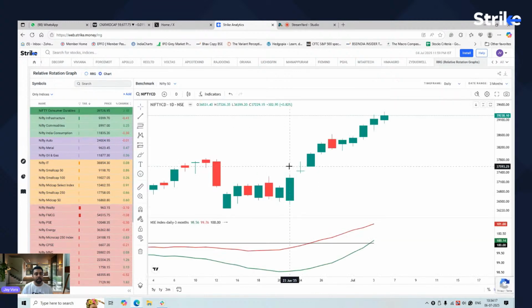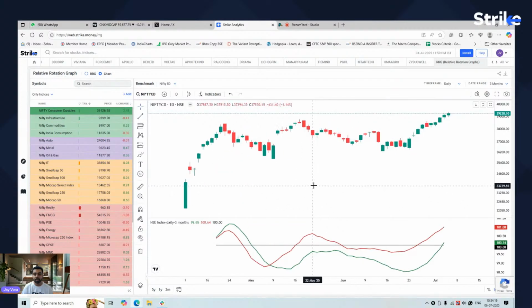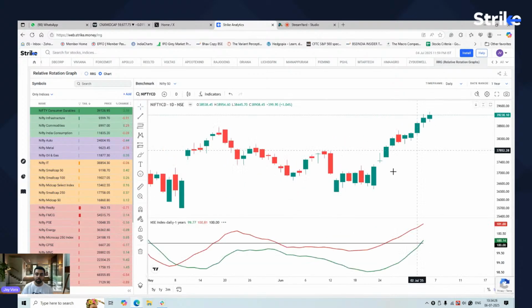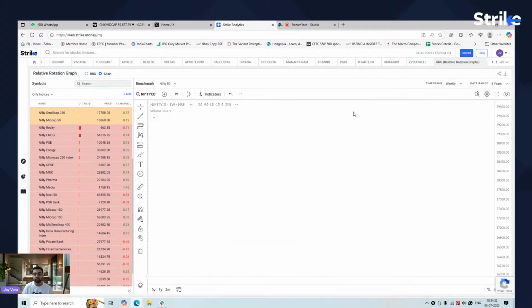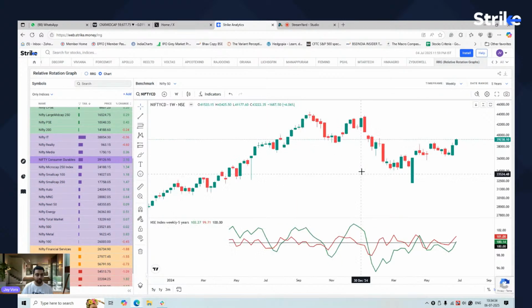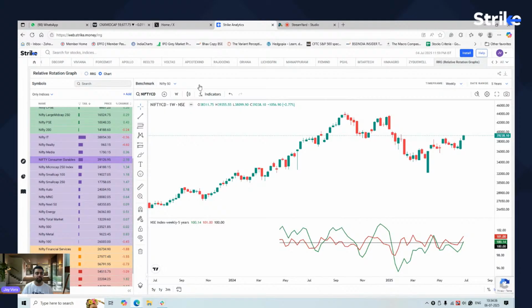But the chart helps you to understand it in more detail as well. Even if you want to extend the time horizon on the daily chart, you can do 1 year and you will be able to see the chart of 1 year. That is how RRG will help you to understand on all the time frames.